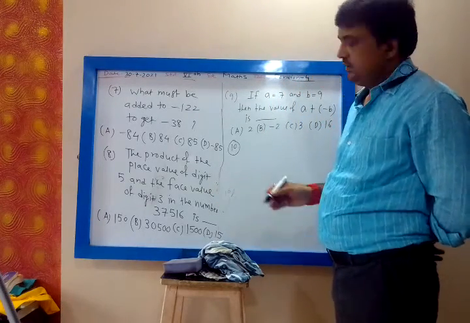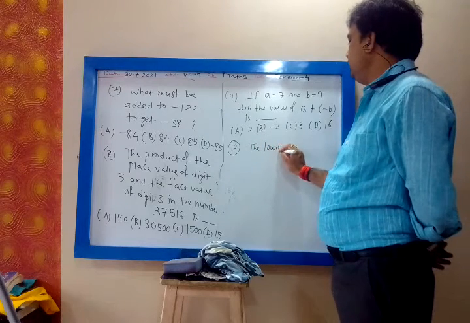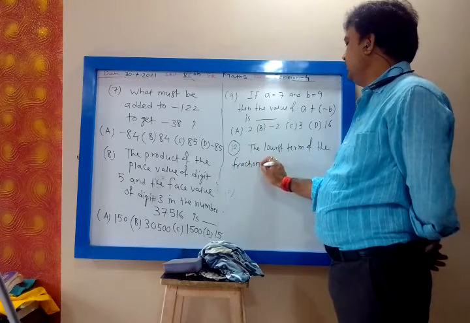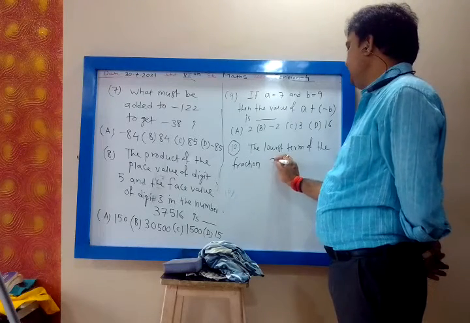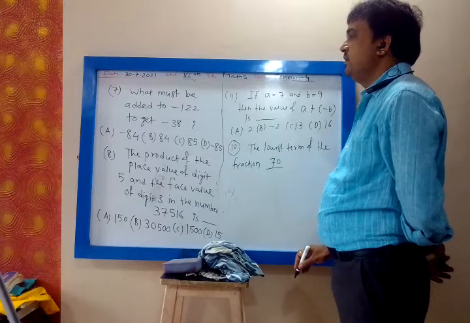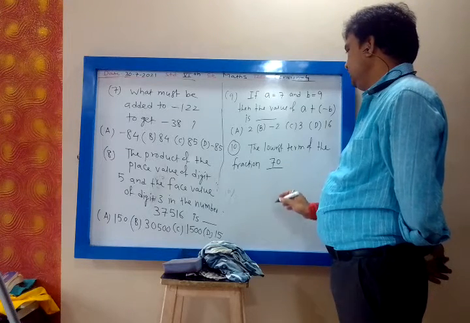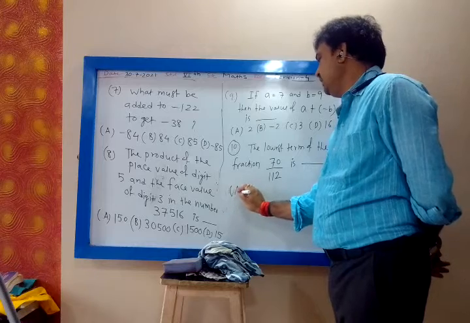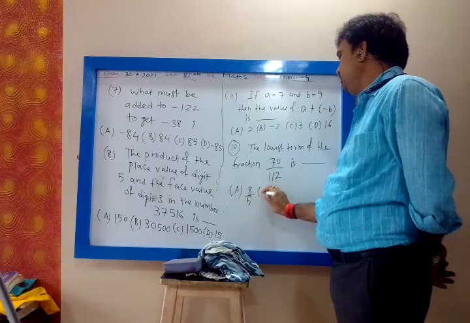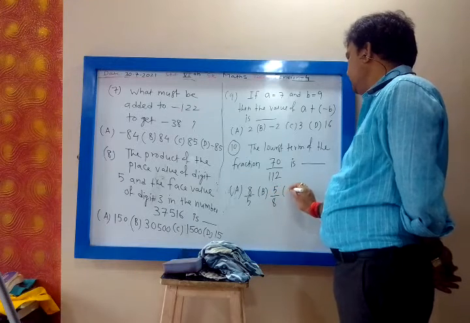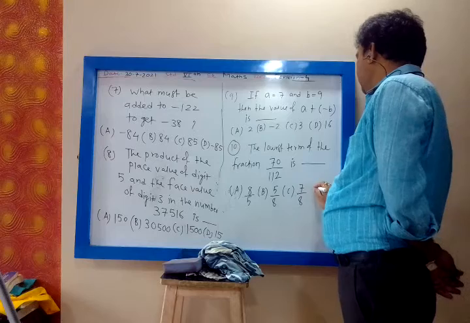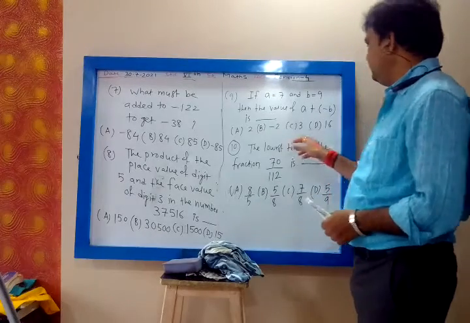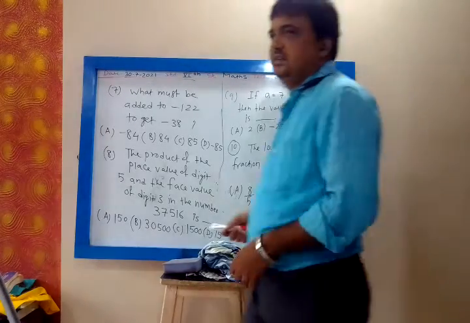Then the lowest term of the fraction 70 upon 112 is: option A 8 by 5, B 5 by 8, C 7 by 8, D 5 by 9. Which one?